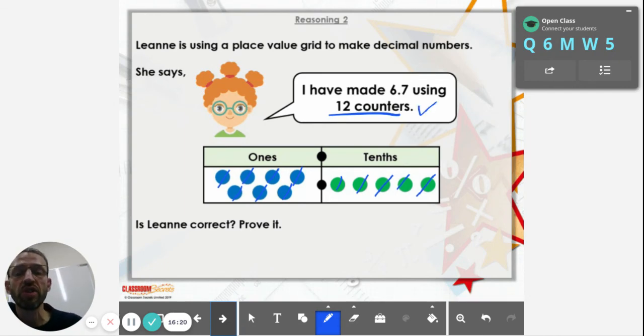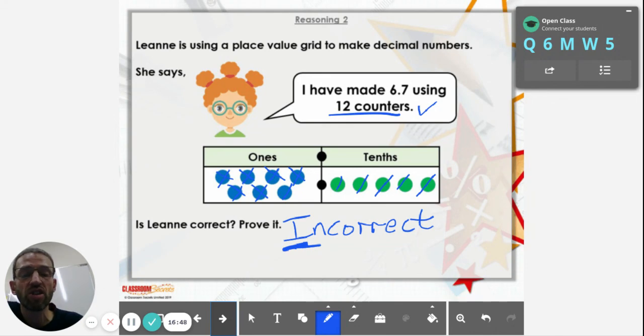Has she made 6.7? 1, 2, 3, 4, 5, 6. She's got more than 6 ones. She's actually got 7 ones. So is that incorrect? I'm going to say she is incorrect. So I've got the prefix at the beginning of the word here. This is my prefix to change the meaning to the opposite.